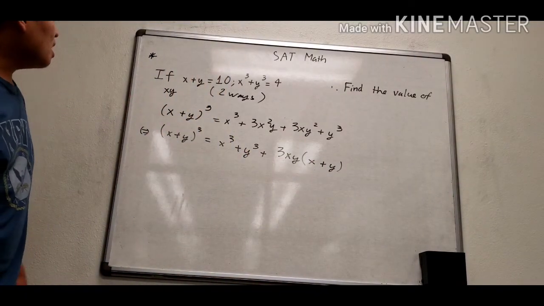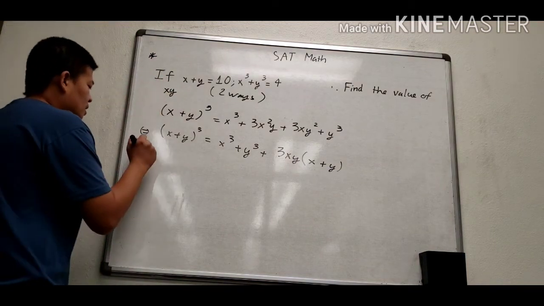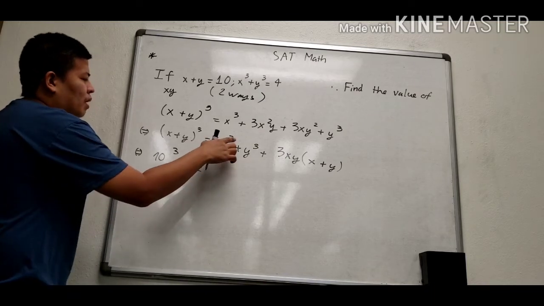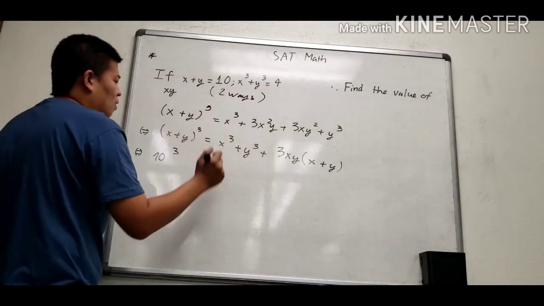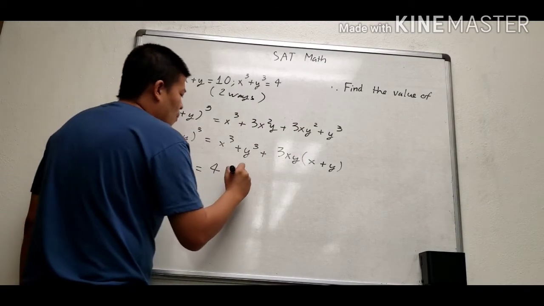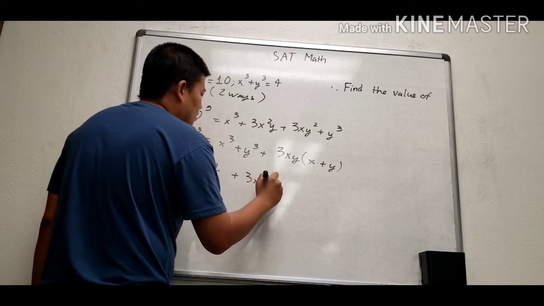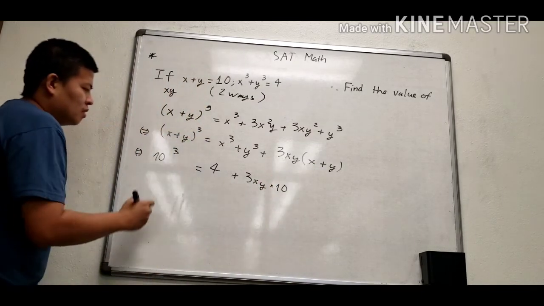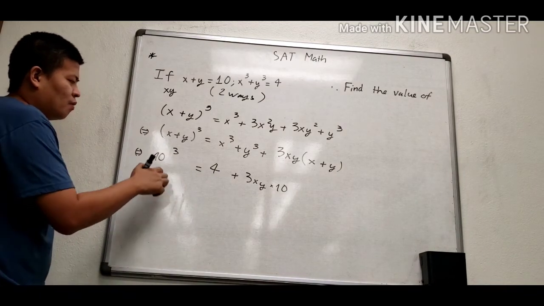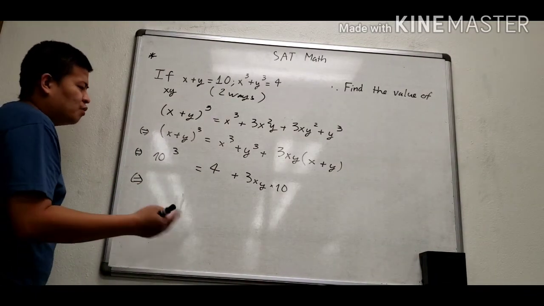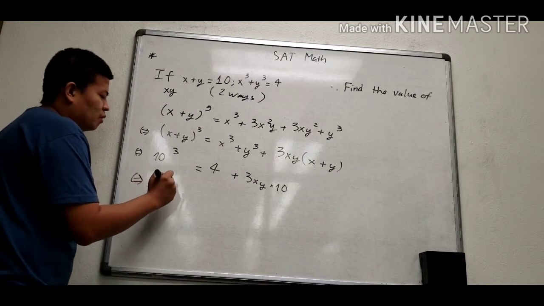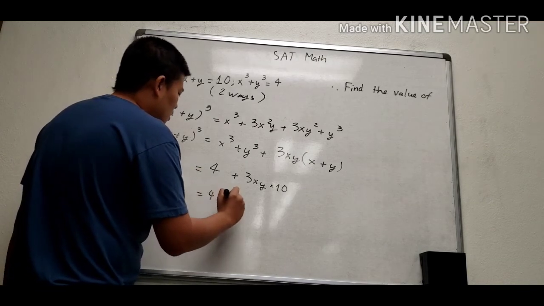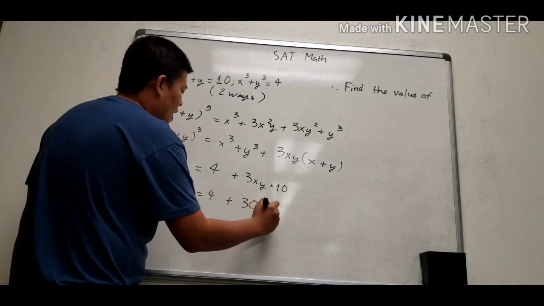So right now we can see that we have x plus y is about 10 power 3, and x power 3 plus y power 3 is about 4, plus 3xy, and x plus y becomes about 10. So now we have the numbers and we just multiply, divide, subtract. So we have 10 power 3 is about 1000, equal to 4 plus 30xy.